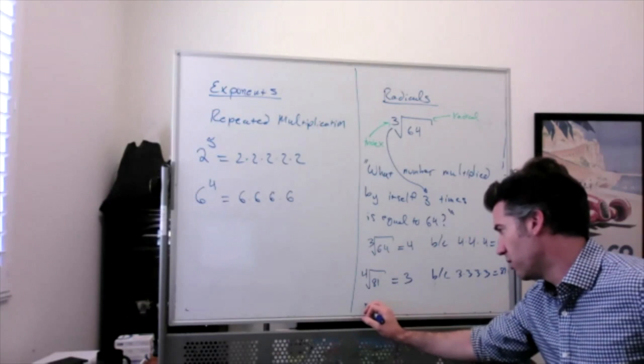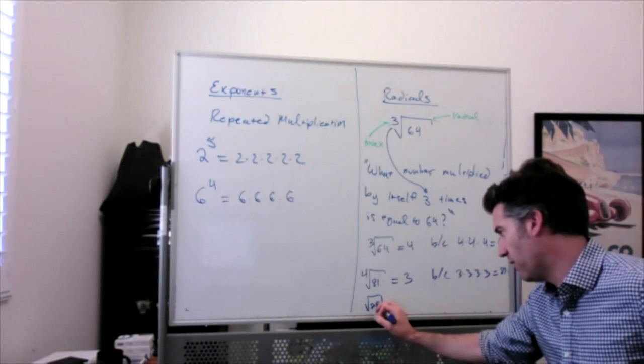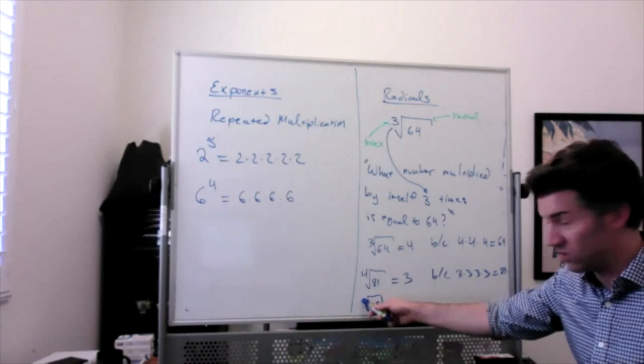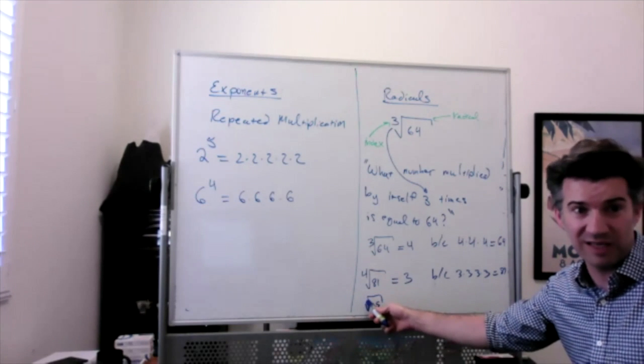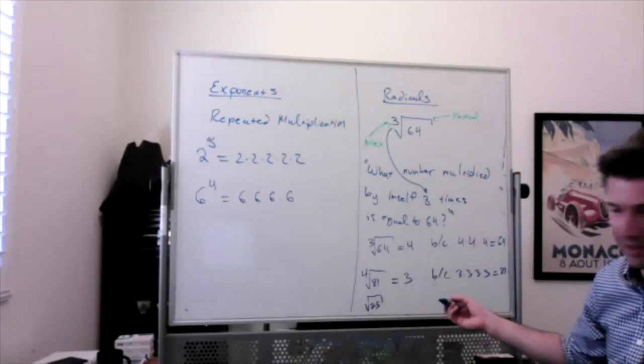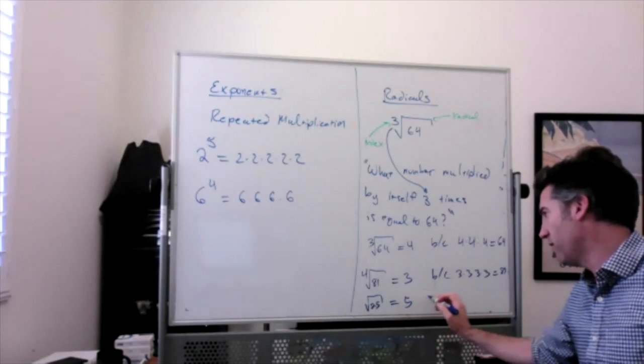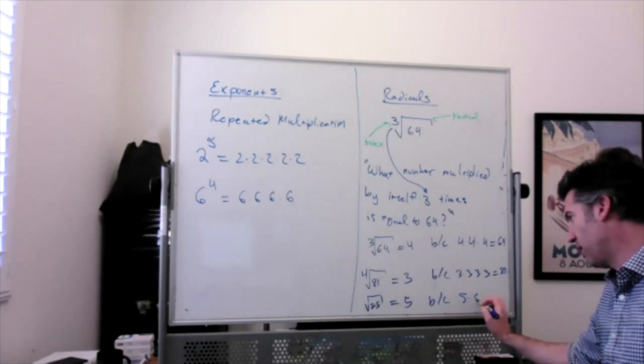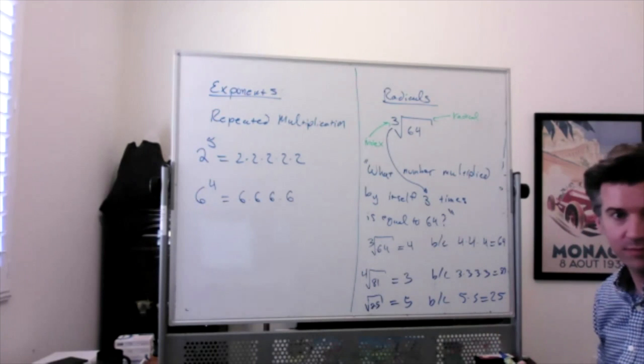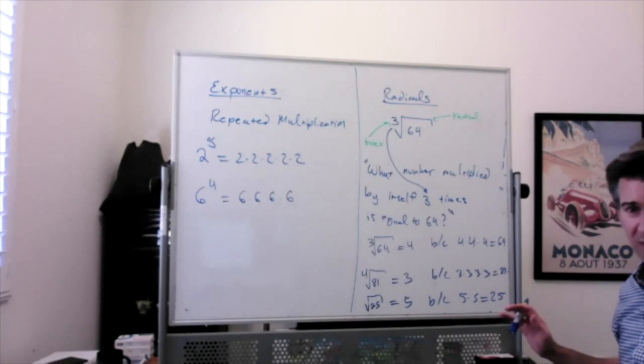And also the second root of 25. For square roots, we don't usually write the 2 there, right? You could write the 2 as an index, but we often omit it. That's equal to 5, because 5 times 5 is equal to 25. So that's what roots and exponents mean.